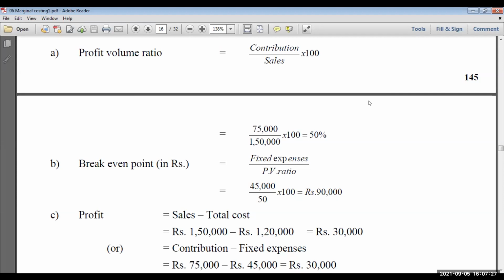Is it changed? Yes, sir, it is changed. It is changed to 25th September, Saturday. That is fine. Thank you, sir. Any other doubt? Today's discussion: cost sheet, costing, marginal costing.